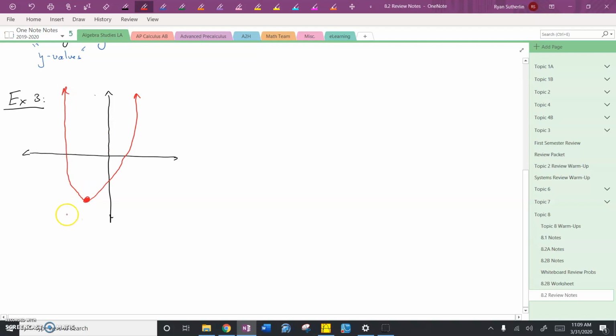We know that the vertex of this graph is at (-1, -4), and we have that it passes through the point (-2, -2). And I want you to write the equation. Let's say write the quadratic equation for this parabola.